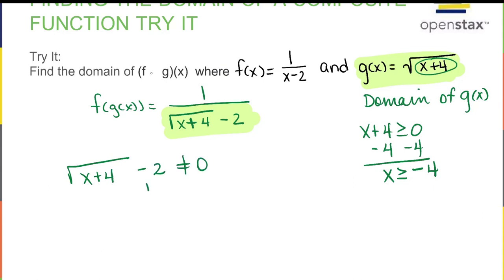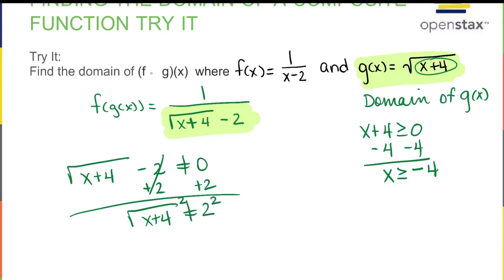So we solve. We add 2, the square root of x plus 4 does not equal 2. Square both sides, the square and the square root cancel, leaving x plus 4 does not equal 4. Then subtract 4 on both sides, we get x does not equal 0. So in this case, all real numbers that aren't equal to 0.